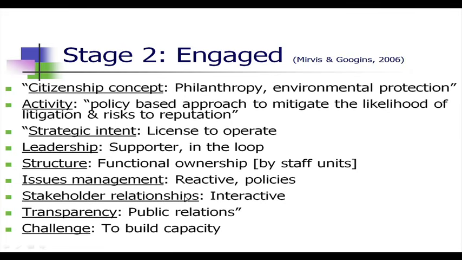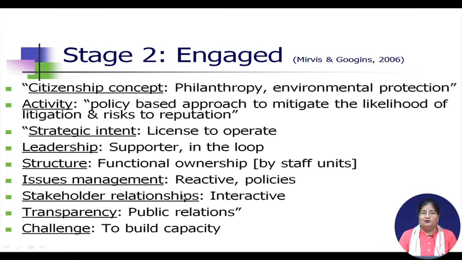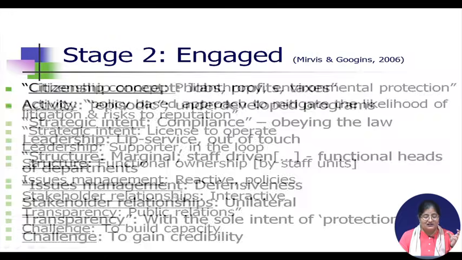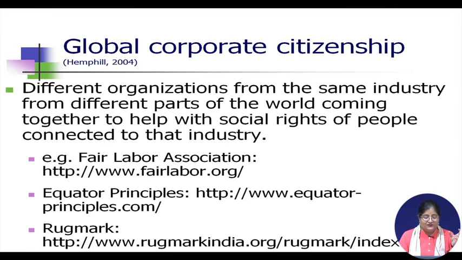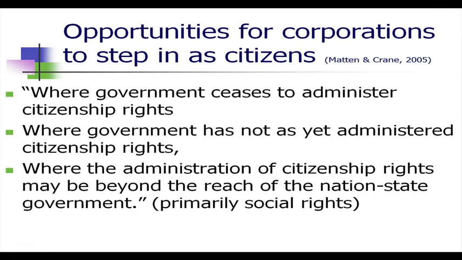Let's just go back and revisit, because when I'm talking about this, we must remember the different stages of corporate citizenship. So I'm going to take you back to what we had discussed in the previous lecture. So we had talked about three scenarios. One was where the government ceases to administer citizenship rights, where government has not as yet administered citizenship rights, and where the administration of citizenship rights may be beyond the reach of the nation state government.